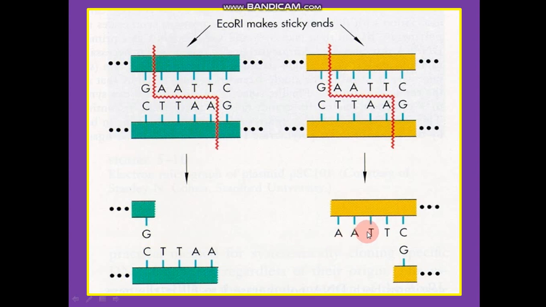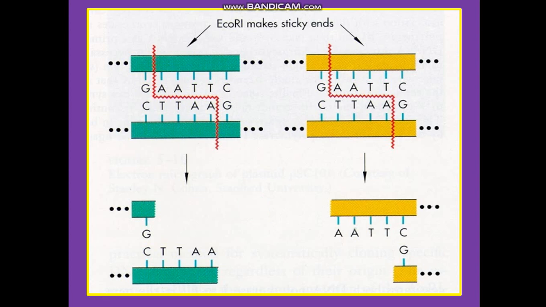Now if we bring them together and join them, this thymine will complementary base pair with A, and this thymine will be complementary base paired with this A. Similarly, these two adenines will be paired up with the thymine, and the recombinant DNA will be produced having one portion yellow and the other portion colored as green.